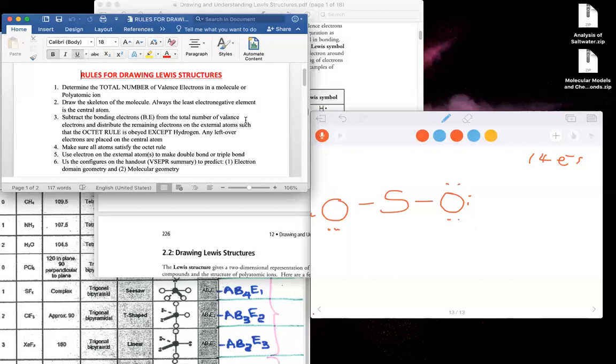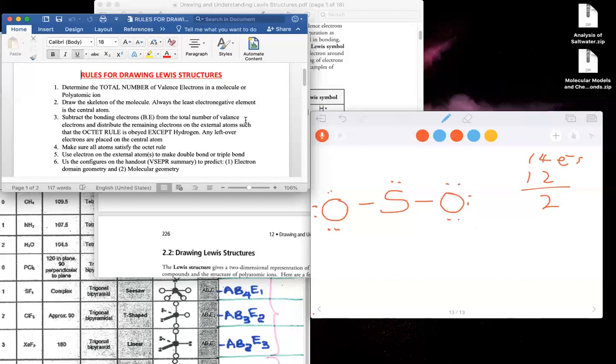Let me erase this. I meant to put the 2 electrons there and this one right there. Our electrons used so far are 12, so 2 remain. Put 2 on the central atom. You don't distribute single electrons, don't put one at the top and one at the bottom. Electrons are paired up.